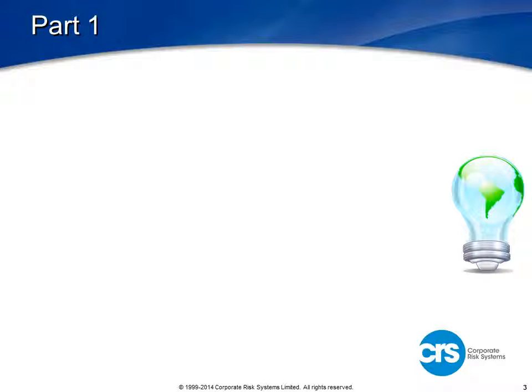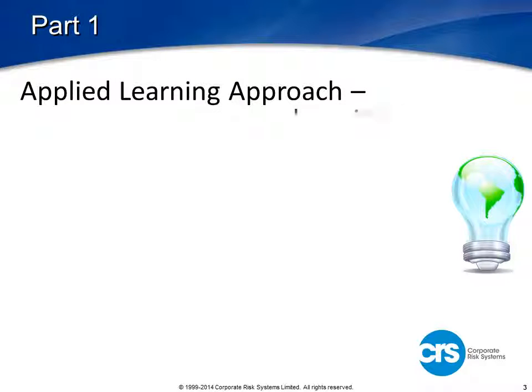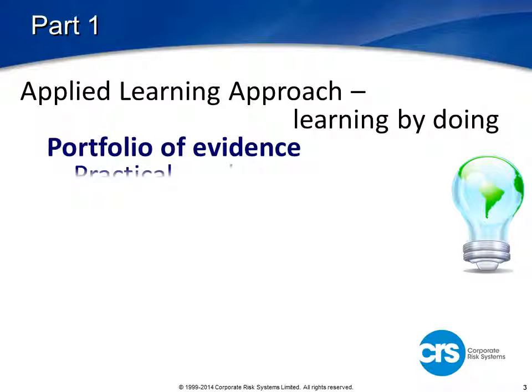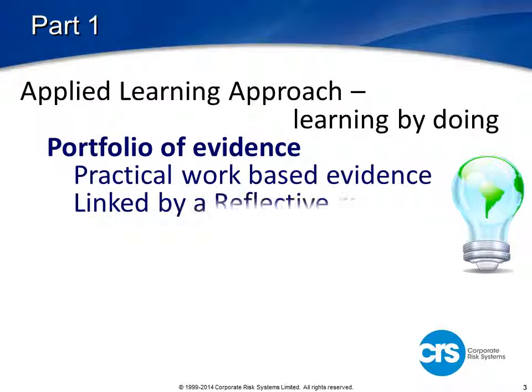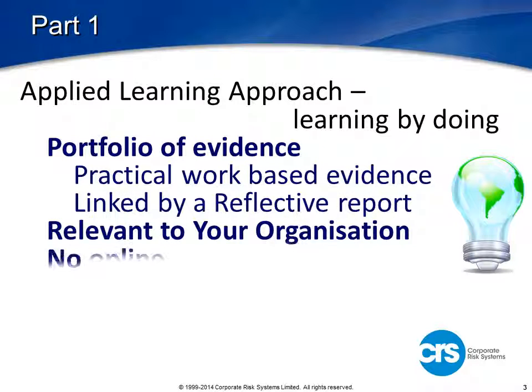It used its skill and experience in NVQ assessment to look at the IEMA syllabus and consider that the elements within it could be developed and understood by individuals through a learning by doing approach. The learning by doing approach, or applied learning, focuses on researching a topic area and then applying it within your business or sector to help your understanding.